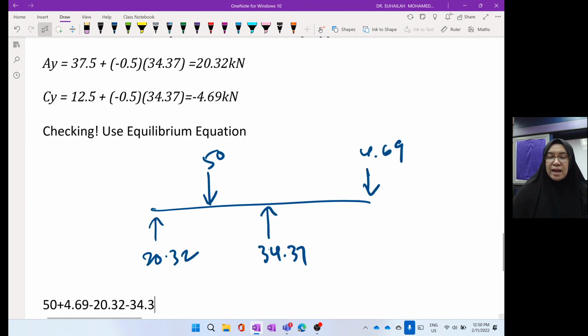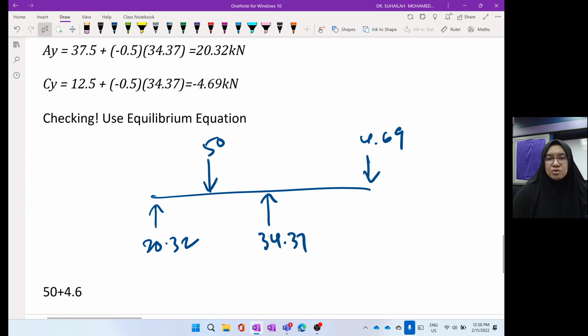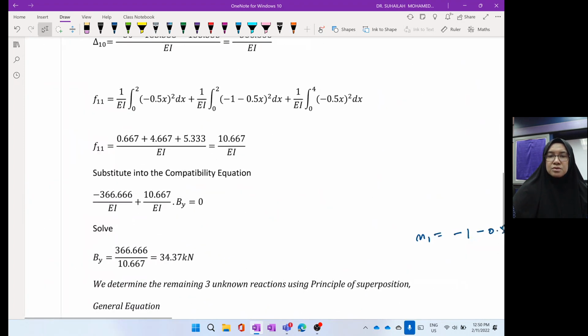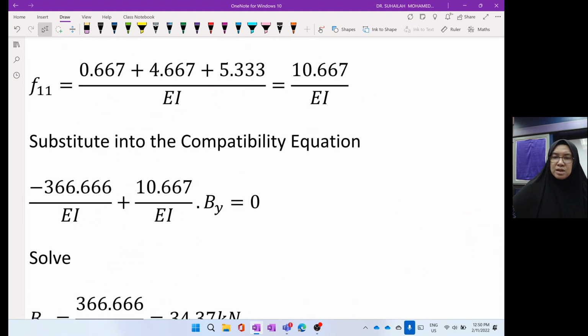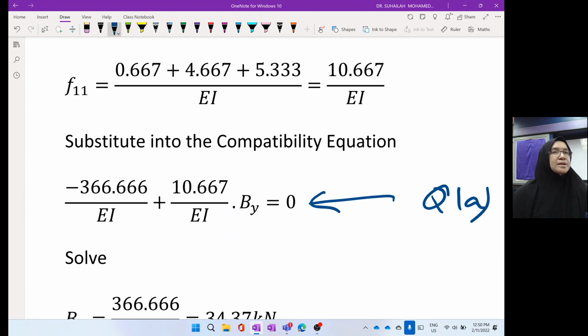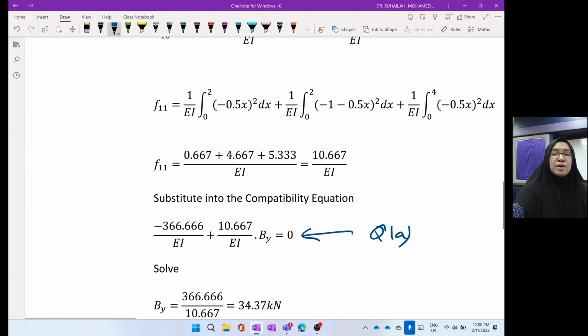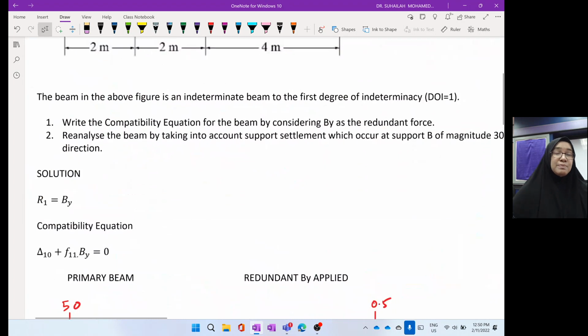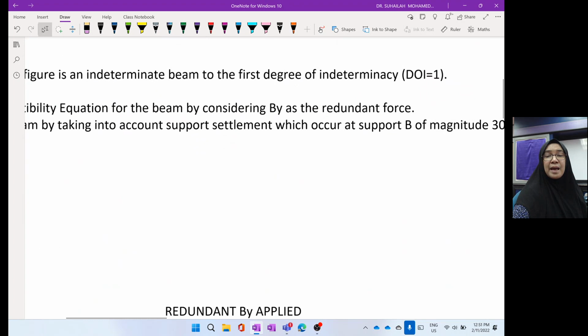Okay, actually soalan satu tadi sampai sini je tau. This is question 1, sampai sini question 1A. Because we have question 1B: analyze the beam by taking into account support settlement which occur at support B of magnitude 30 mm.